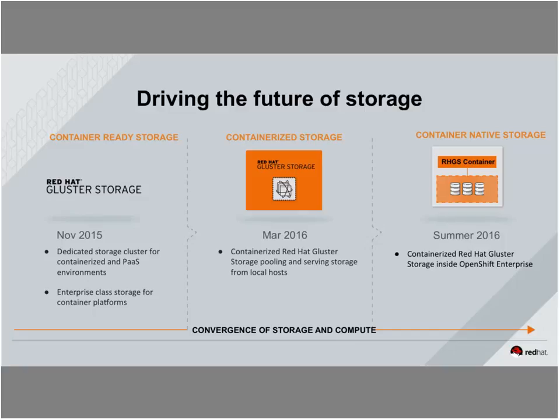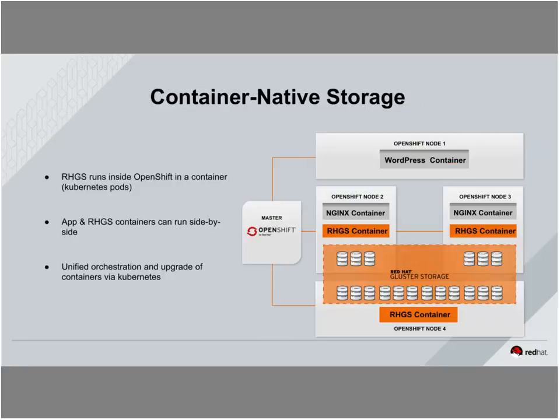This was pretty groundbreaking, as you can see in the next slide. This solution is generally available right now. You are now running Red Hat Cluster Storage containers inside the OpenShift platform, which provides storage services.